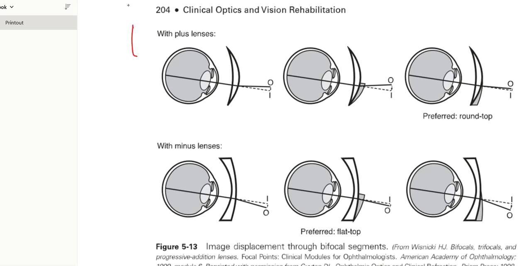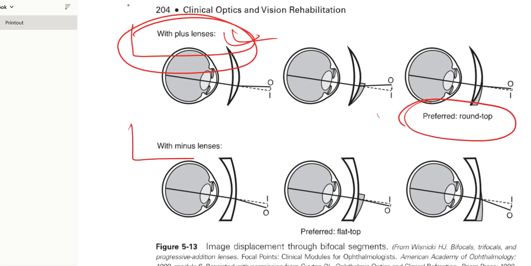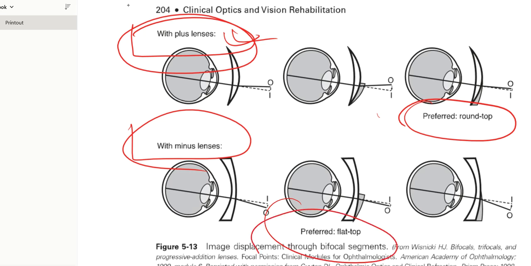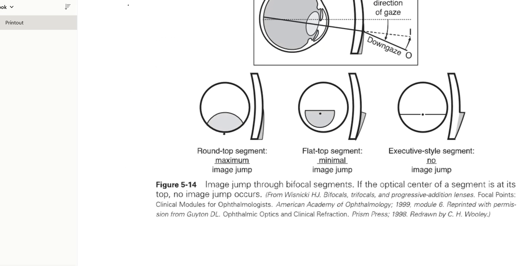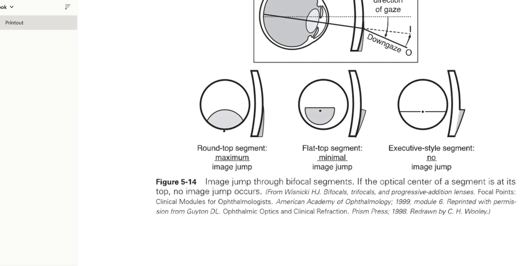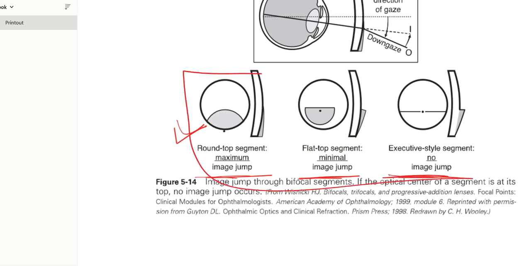With plus lenses, we prefer round top. With minus lenses, we prefer flat top. Please remember this. And which has the maximum image jump, minimal, and no image jump.